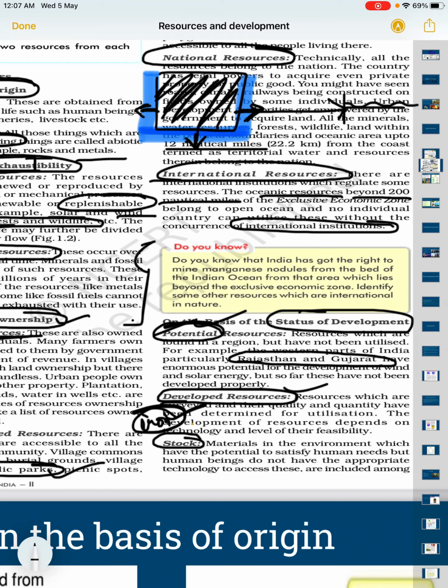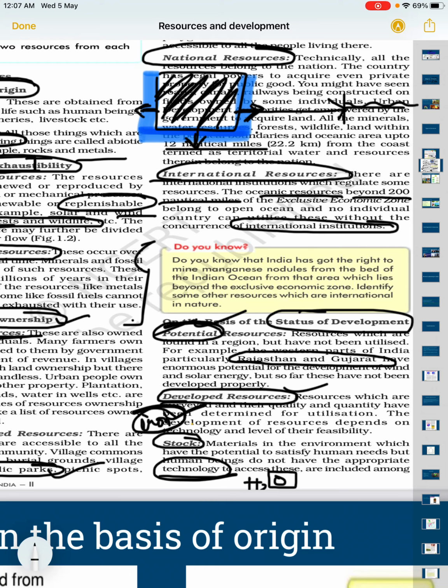Next is your stock. Stock resources are basically those which are present in our environment. We know how to use them, but we don't know how to extract them, or basically we don't have the technology to access them. For example, water. Water is basically H2O. We require oxygen in this pandemic.